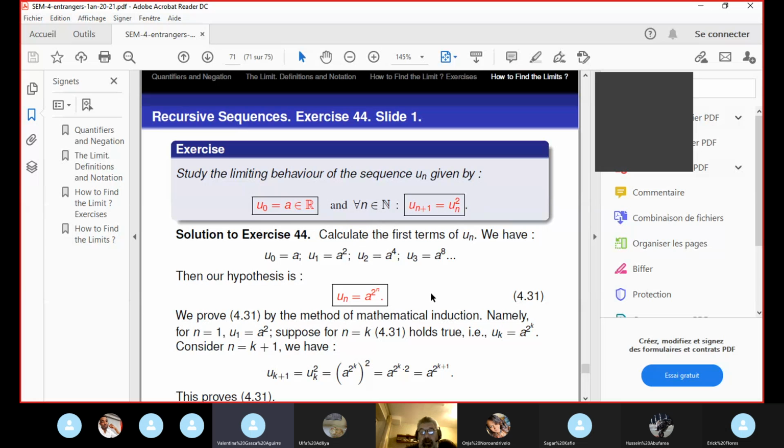The question is why the limit of this sequence is 1. Maybe the limit does not exist. What do you think about it?